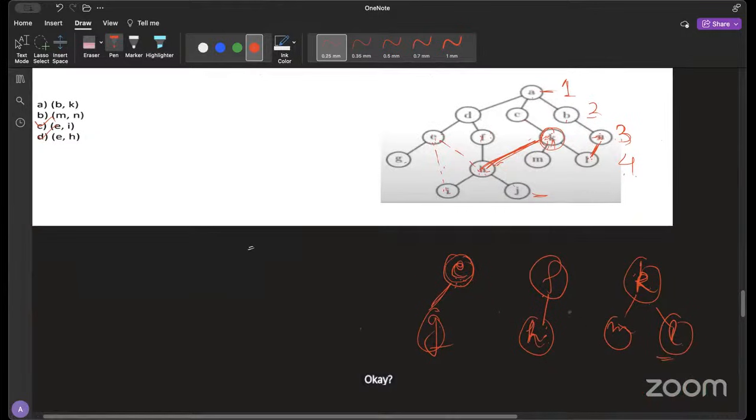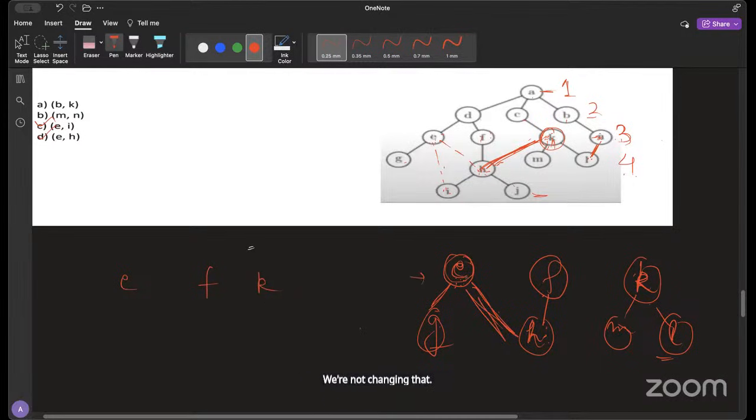If this is your tree, right? If let's say you have a graph and EH is an edge there. Now, if EH is an edge there, how do you make the tree for it? You come to this level first. Everything above it is fine, right? We're not changing that.